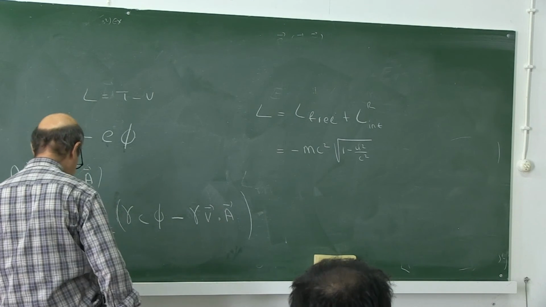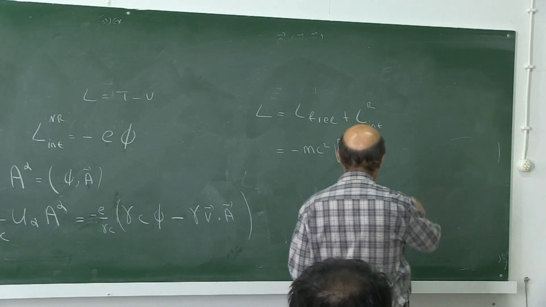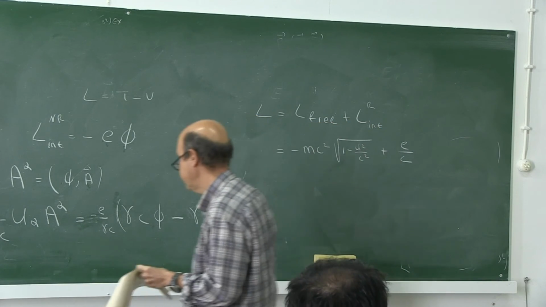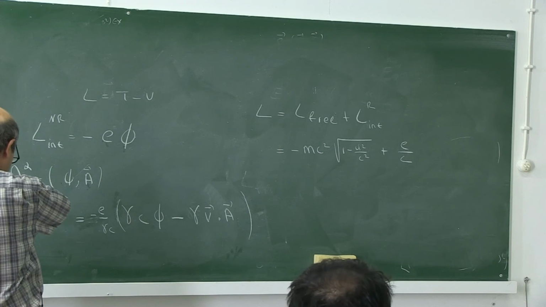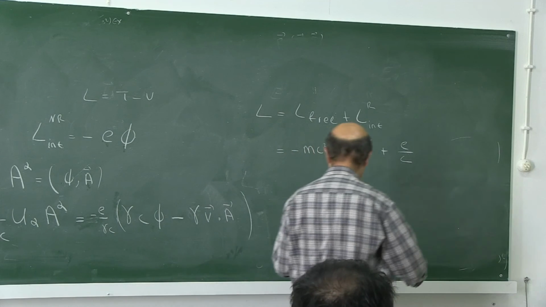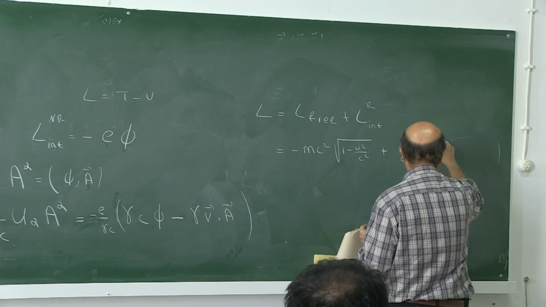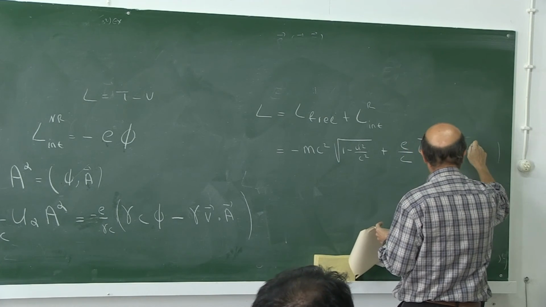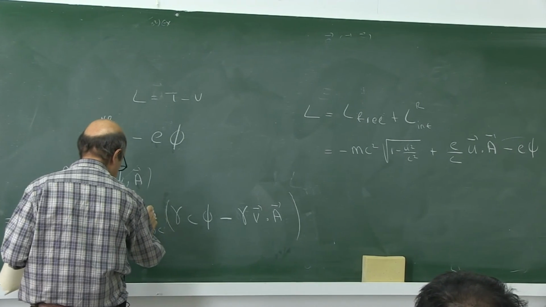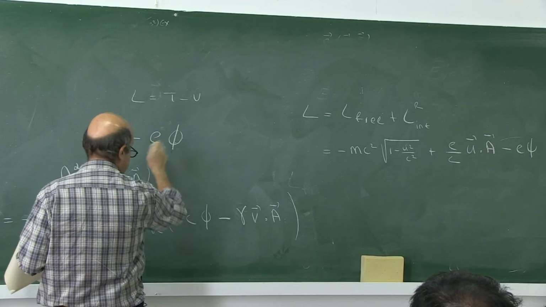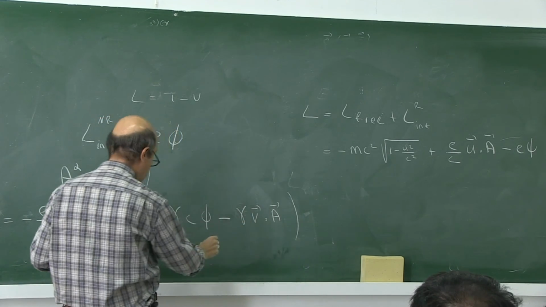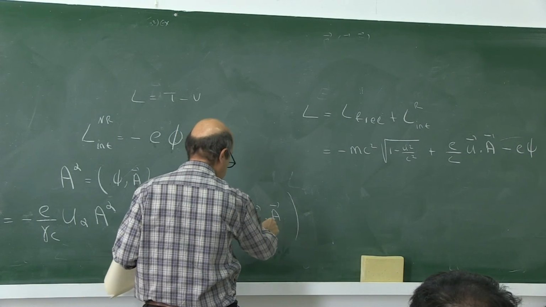Gamma c will be cancelled, one of the gammas will be cancelled, and this should be plus e over c u dot A minus e phi. So did I write correctly? Minus e phi is the non-relativistic part, the gamma is cancelled, and e over c v dot A, or u dot A.